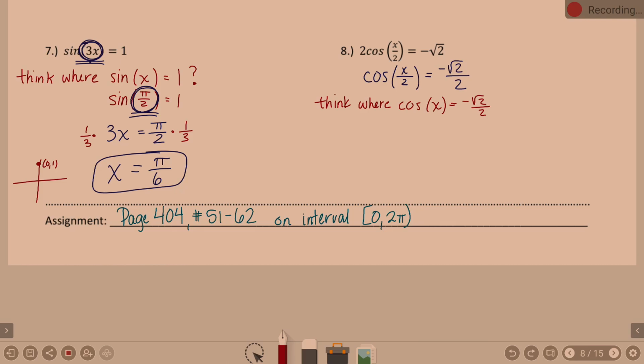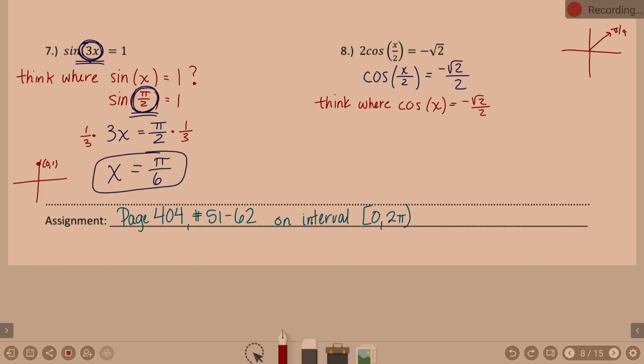According to your chart, forget the negative, where does cosine equal square root of 2 over 2? So it's pi over 4 in quadrant 1.